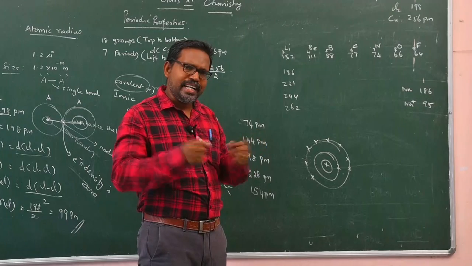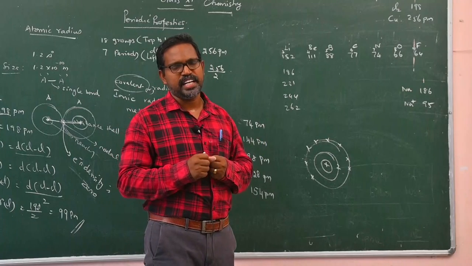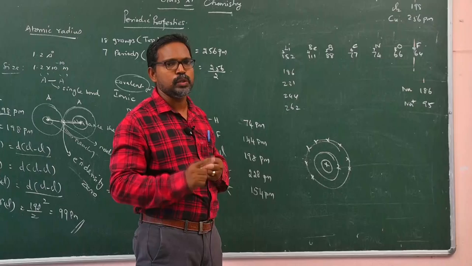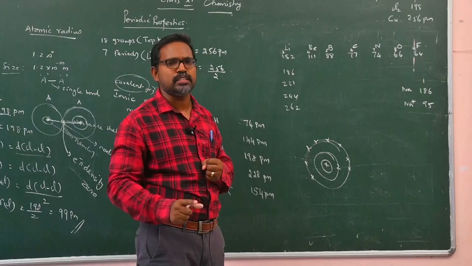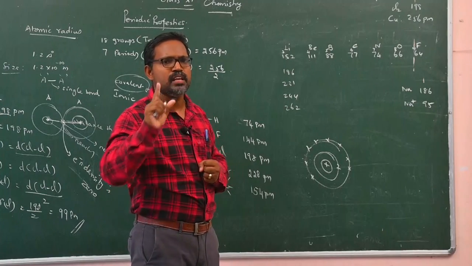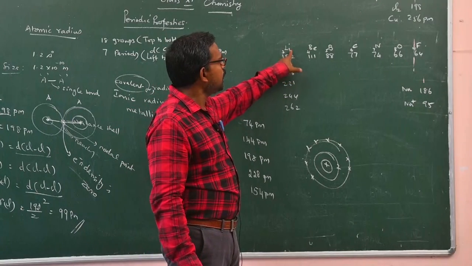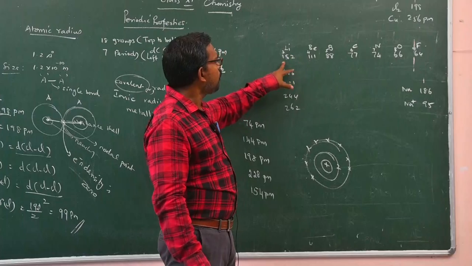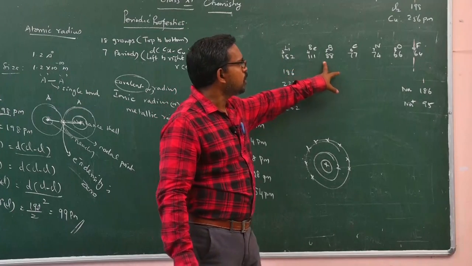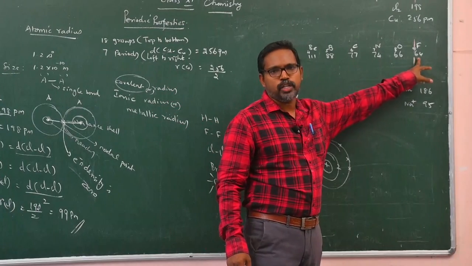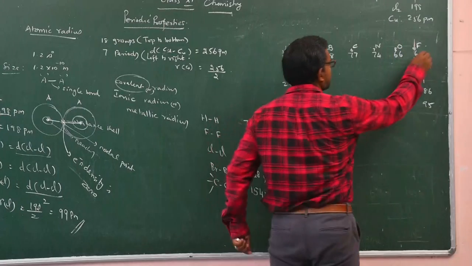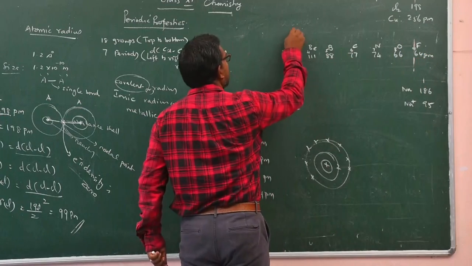Therefore, reduction in size takes place due to the greater force of attraction between the nucleus and the valence shell electron. Look at this data. Lithium to fluorine, 152 picometer to finally 64 picometer. The size of an atom decreases.